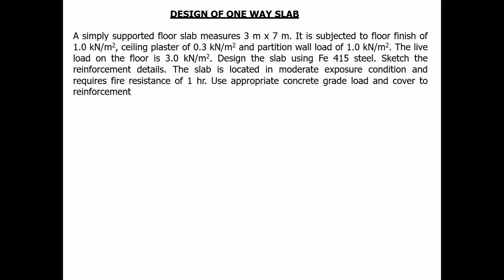Then live load is 3 kilonewton per meter square. Then given the dimensions, slab dimension 3 meter into 7 meter. Then floor finish is given. Plastering, sir. Okay, ceiling plaster 0.3 kilonewton per meter square.